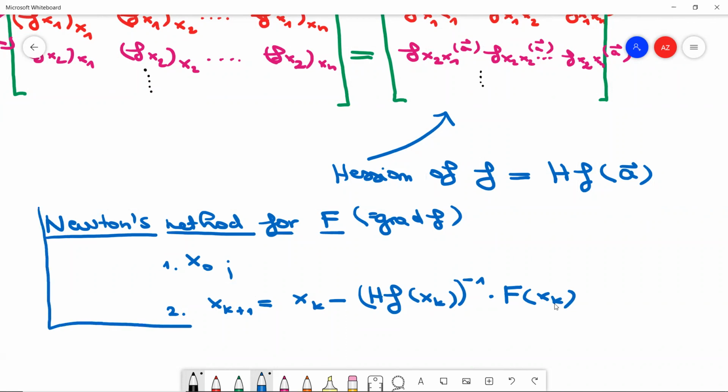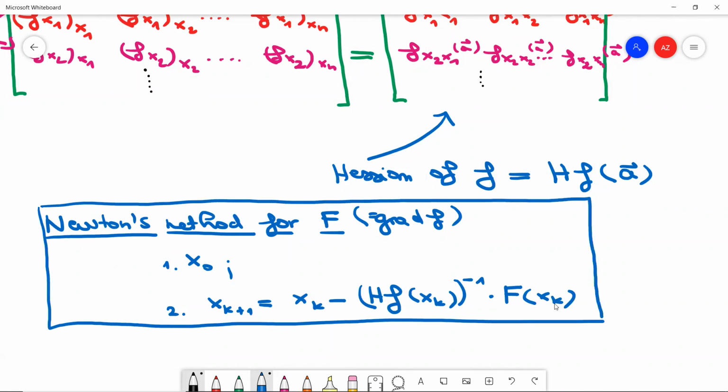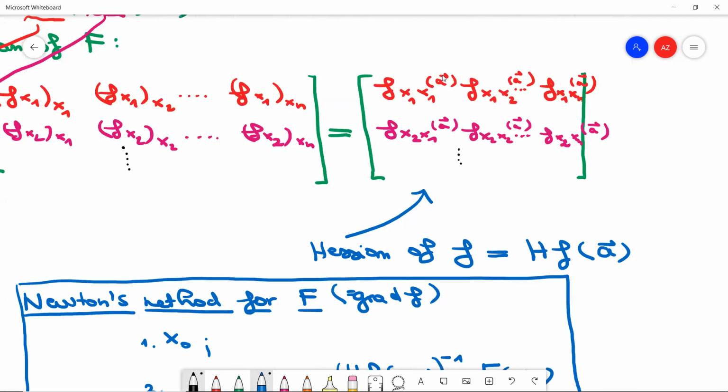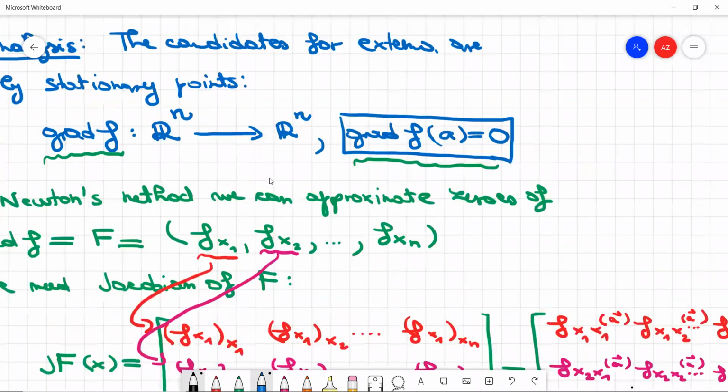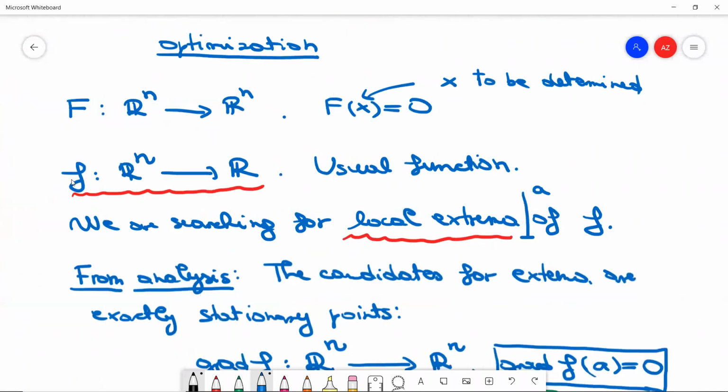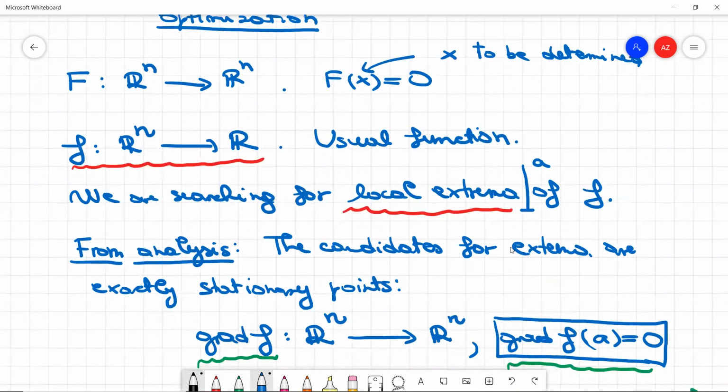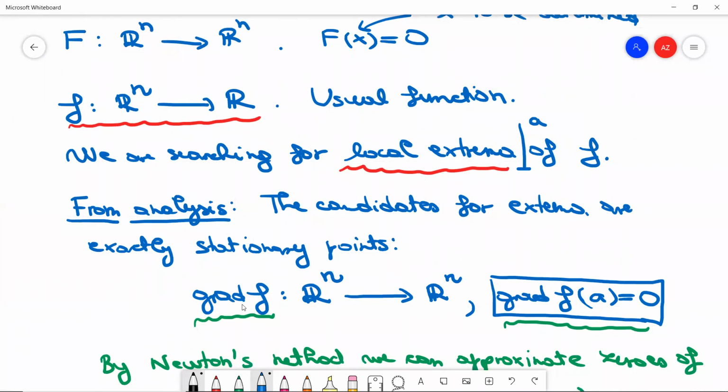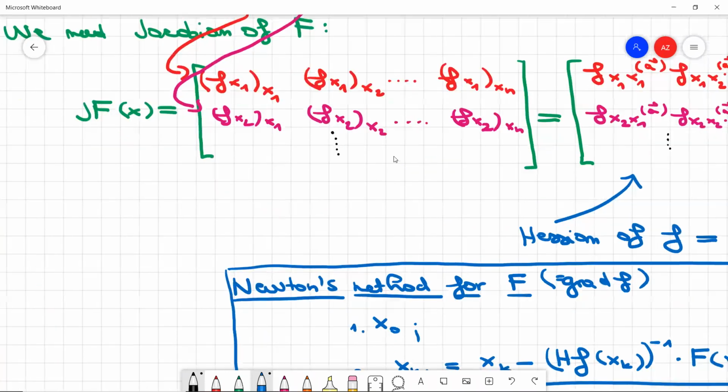So what is the difference between the Hessian of small f and the Jacobian? The Jacobian of small f is the matrix of first derivatives. The Jacobian of small f has only one row because we have just one component function, and the Jacobian of small f is then the gradient.